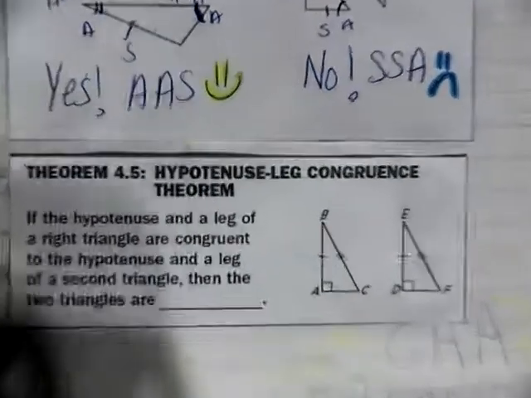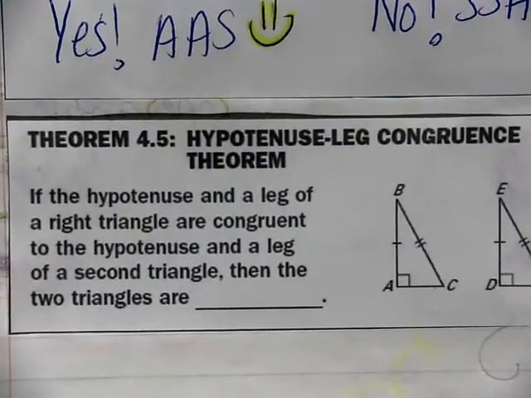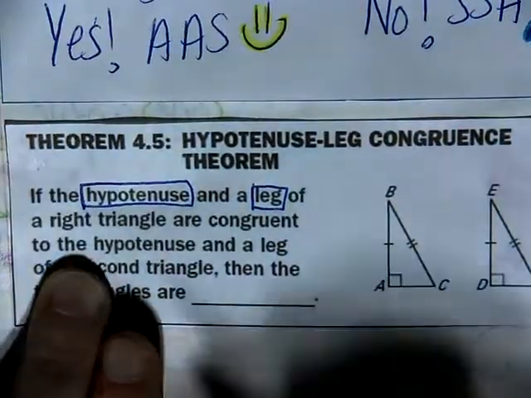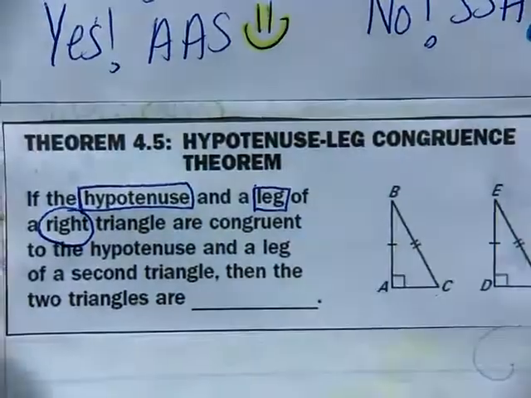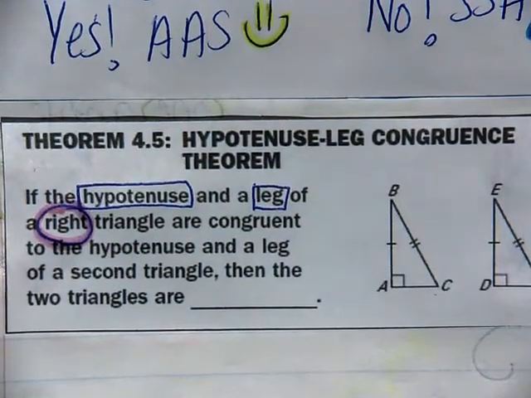All right, let's go ahead and look at hypotenuse leg, which we call the right triangle hypotenuse leg. So if the hypotenuse and leg of one triangle, of a right triangle, so it needs to be of a right triangle. That is really, really important. Now remember that hypotenuse represents the longest side.